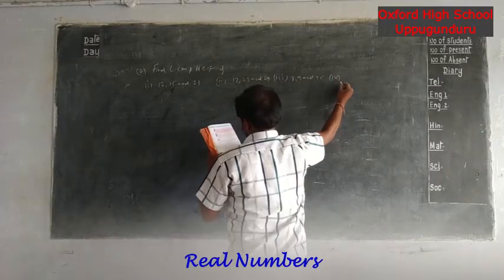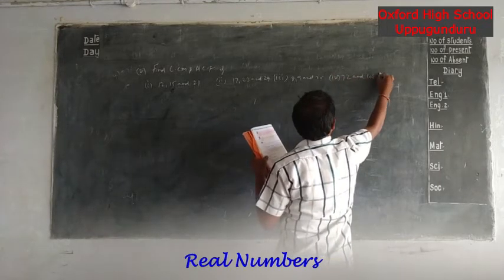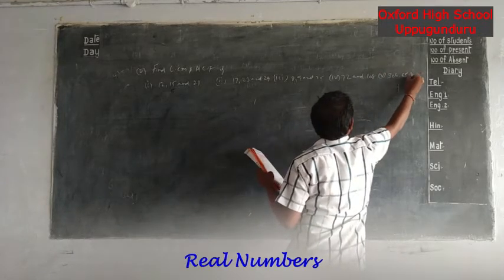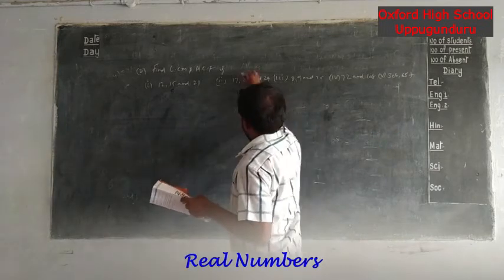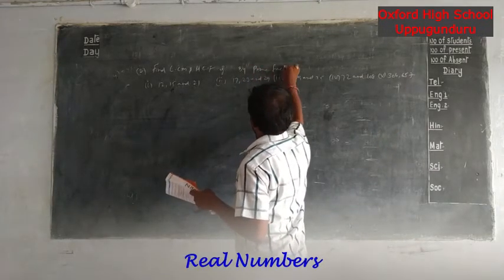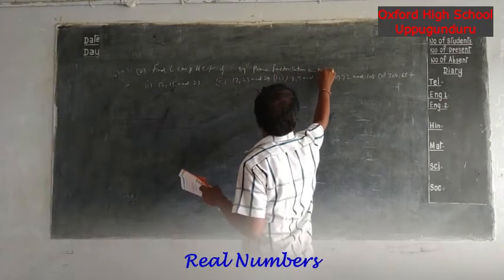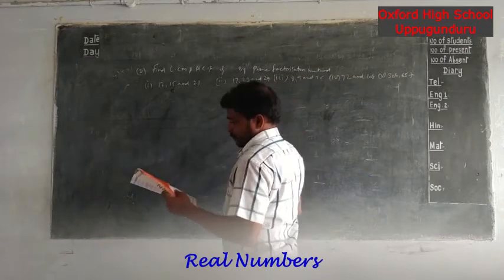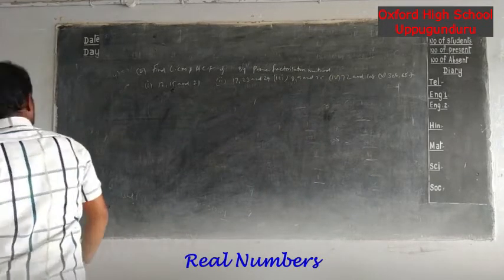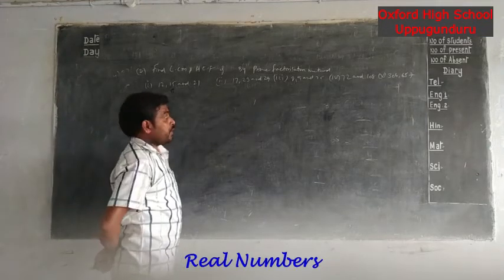Fourth one 72 and 108. Fifth one 306 and 657. By prime factorization method. So this is about second problem. You have to find the LCM and HCF of these numbers by prime factorization method.